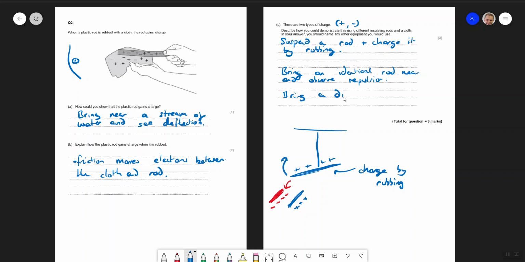Bring a different one and observe attraction. So that's what we would do.